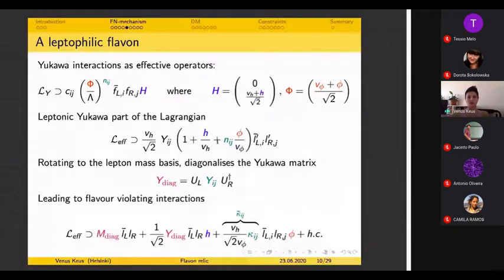What I've done here is simply replaced H with v_H plus H over square root of 2 and phi with v_phi plus phi over square root of 2, and did a little expansion, since this is a very small ratio, and brought N_ij down here. There's also an order 5 term, which I haven't written here, which would be an H phi LL kind of term.